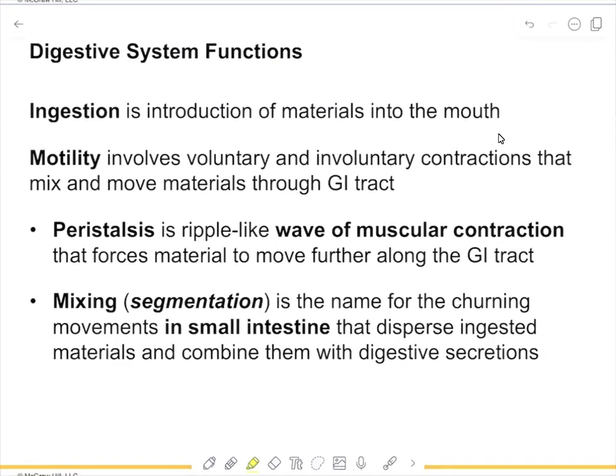So ingestion is the introduction of materials into the mouth. Motility is voluntary and involuntary contractions that mix and move peristalsis through the GI tract. In fact, peristalsis is a wave of muscular contraction. Another way to think of it is the alternation of contraction and relaxation of smooth muscle.